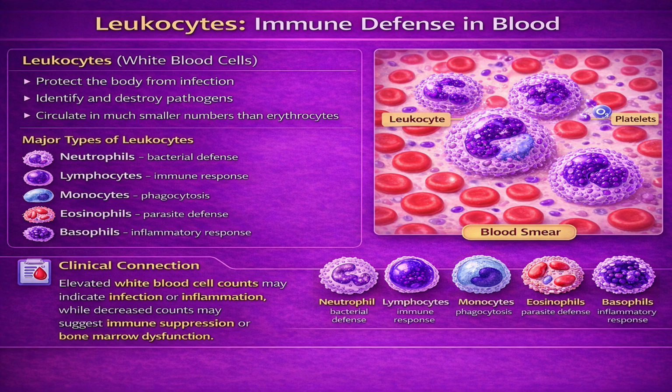So understanding the function of leukocytes helps healthcare professionals interpret laboratory results and identify signs of infection or immune dysfunction. CBC results with elevated white blood cell counts may indicate infection or inflammation, while decreased counts may suggest immune suppression or bone marrow dysfunction, such as in patients suffering from leukemia.